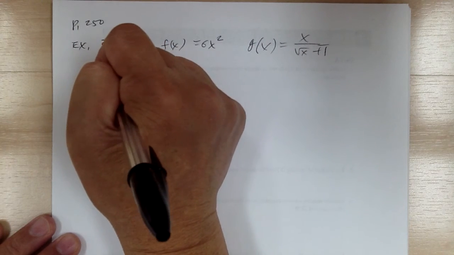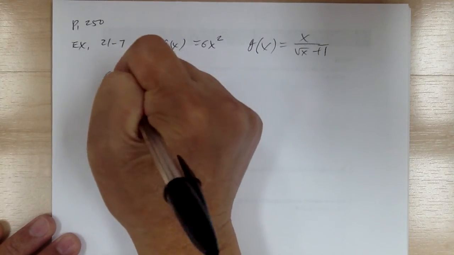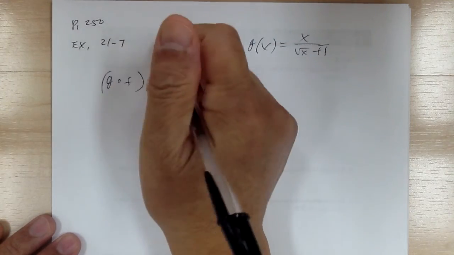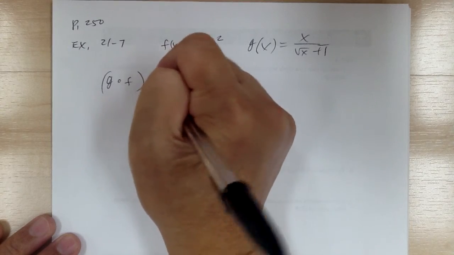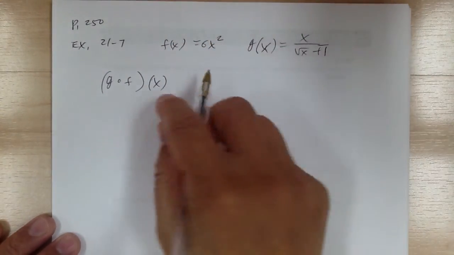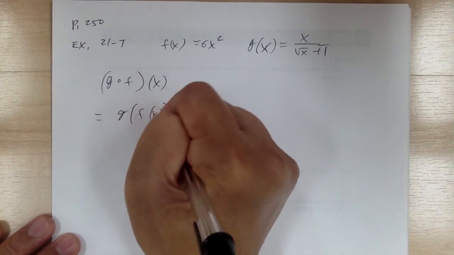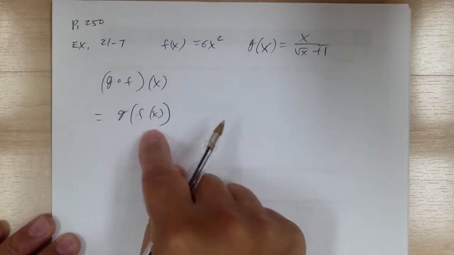So the way to say it, this is g of f of x. The way to write this is g of f of x. Just line up straight, and that's it.